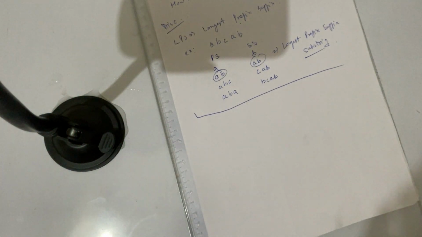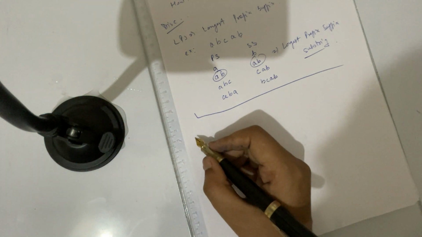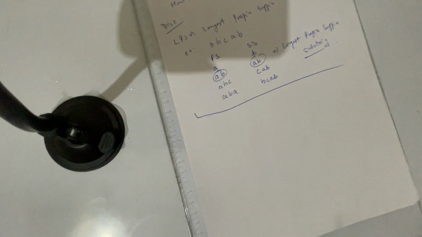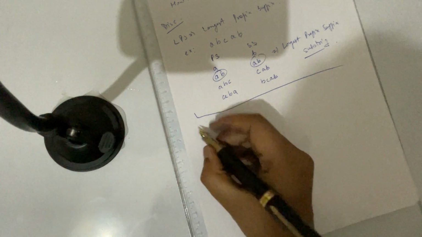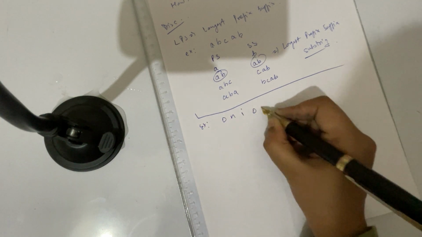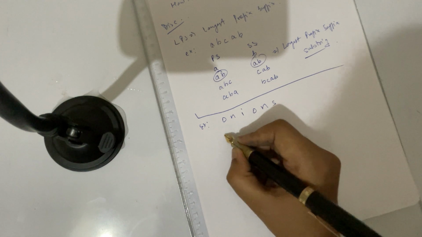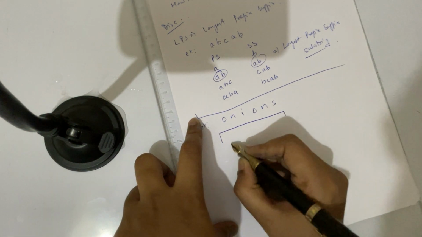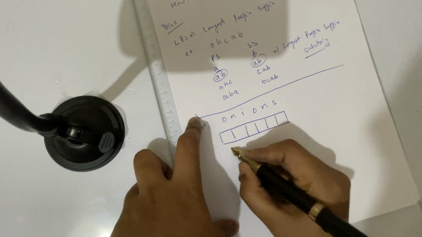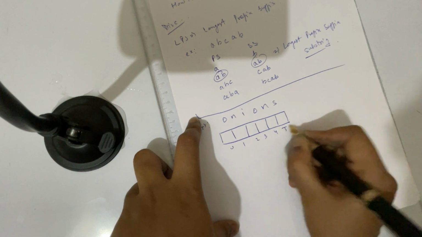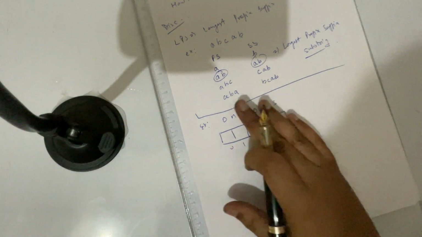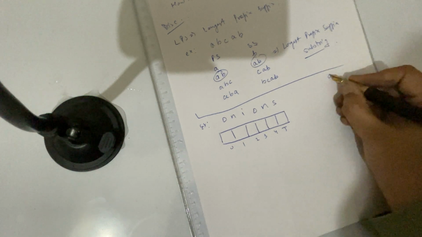For example, let's say I have a string called onions, and I'm going to create an LPS array with indices 0 1 2 3 4 5. Now suppose I have only the character A in a string.